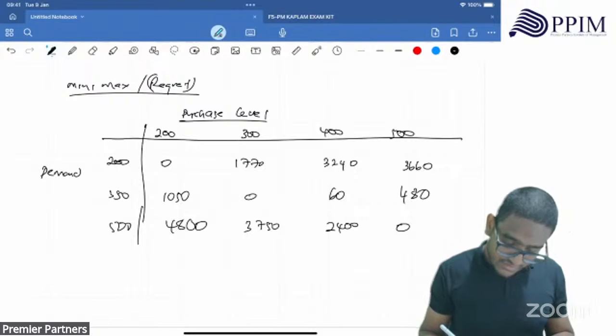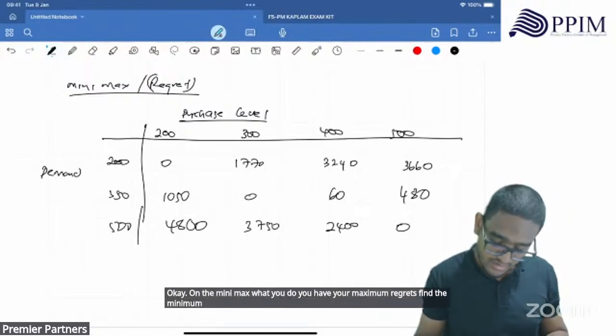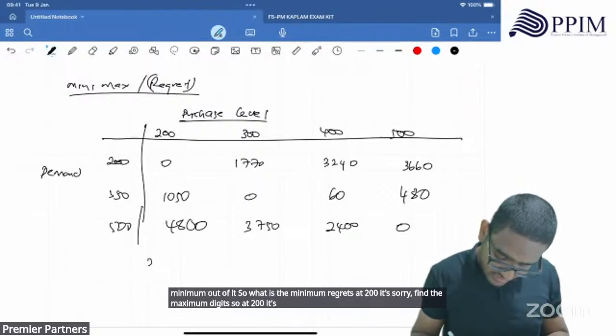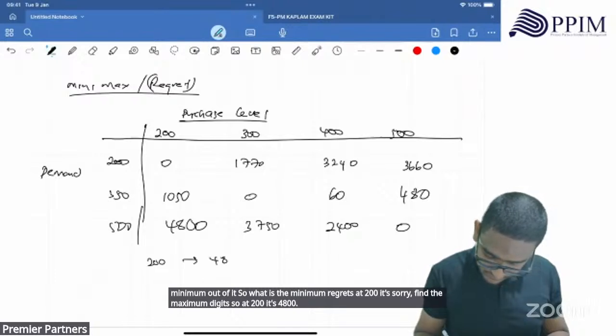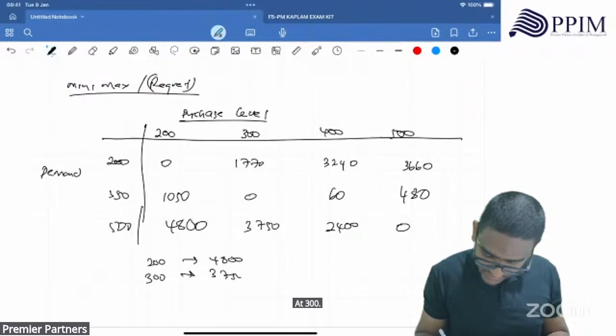So under minimax, what do you do? You have your maximum regrets, find the minimum out of it. So what is the minimum regrets? At 200, it's, sorry, find the maximum regrets. So at 200, it's 4800. At 300, 3750.